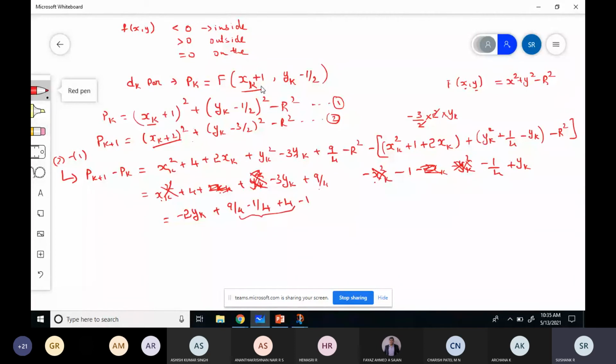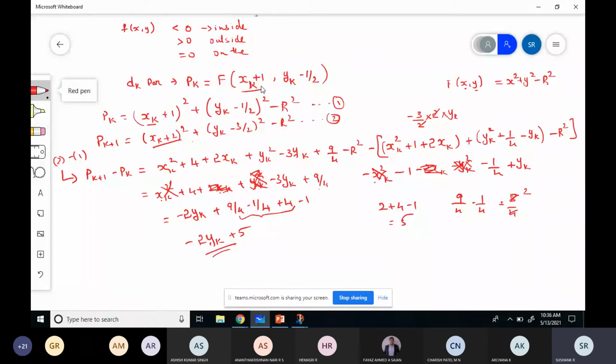So this term will evaluate to minus 2yk plus 5.